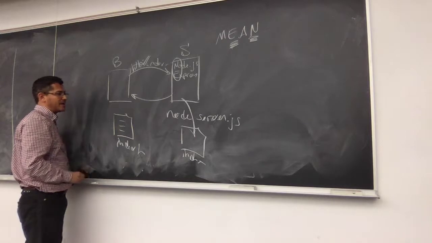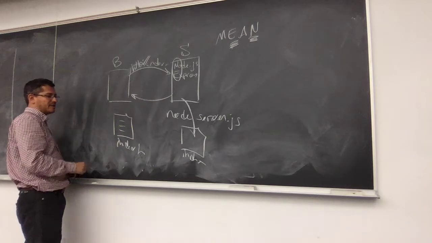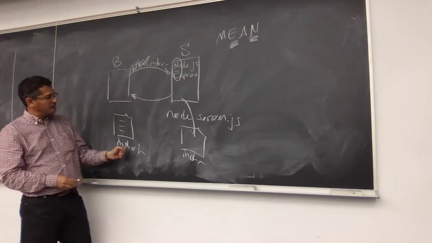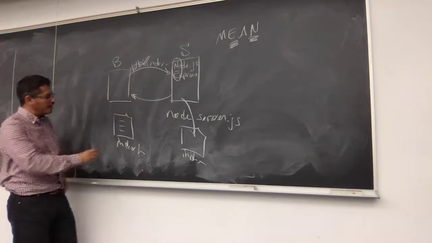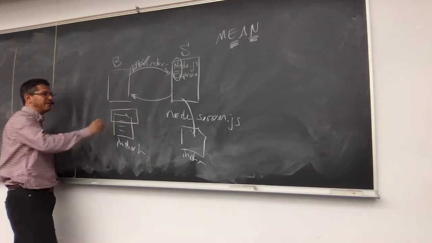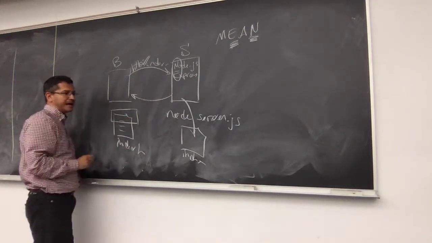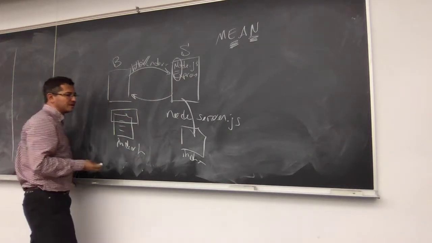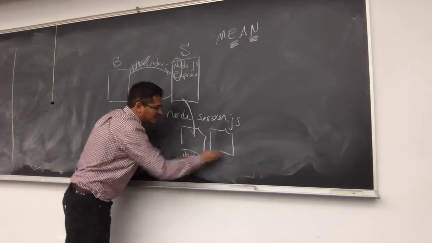Here's index.html. Index.html is going to be referring to other files. So here at the top of the index file, it is going to be referring to other documents that are on the server. Some of them will be JavaScript files.